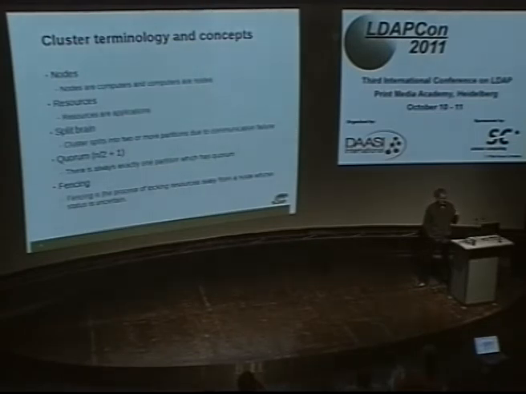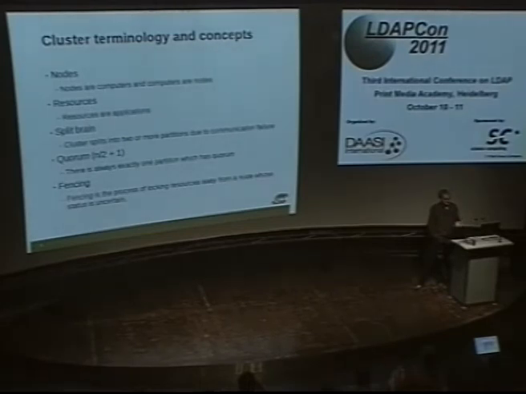Fencing can be implemented in two different ways. One is resource level fencing. That's usually implemented by denying the specific node's access to some resources, for example by firewall rules, or by denying access on the fiber channel switch.